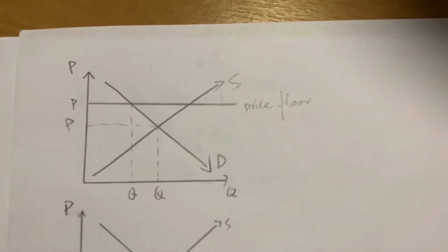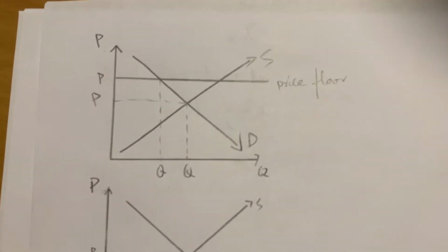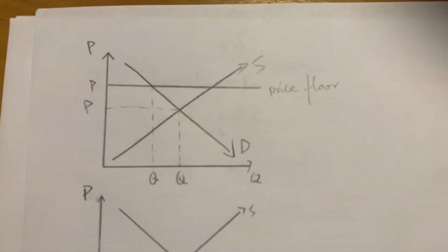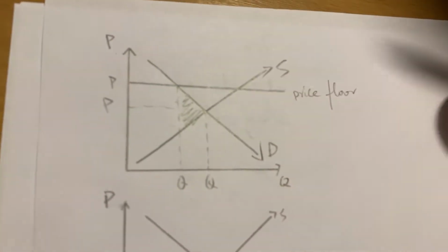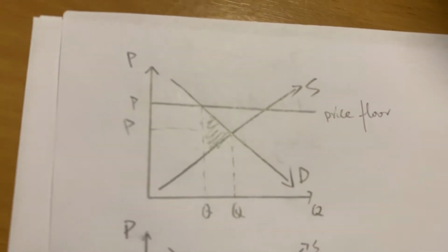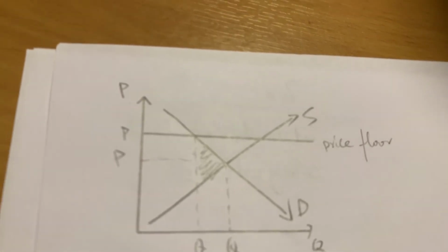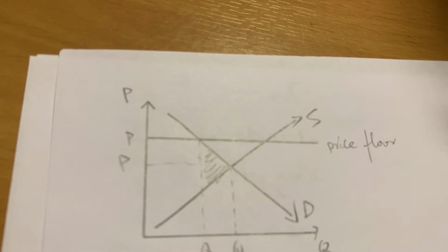Another concept is that when the government sets a price, and if the price is higher than the equilibrium price, it's called a price floor. And therefore, this shaded area doesn't happen, the trade doesn't happen, so there is also a deadweight loss, which means that if there's no deadweight loss, it has to be the price at equilibrium and the quantity at the equilibrium.